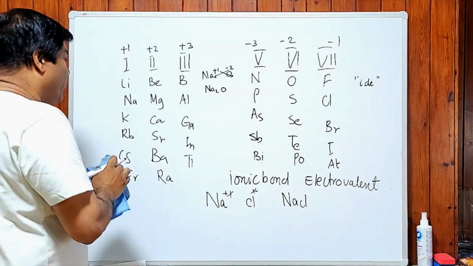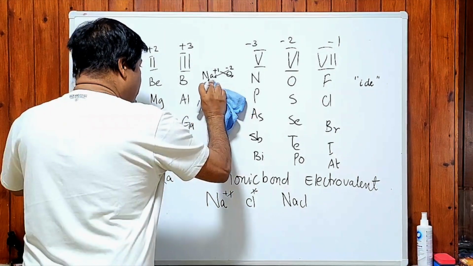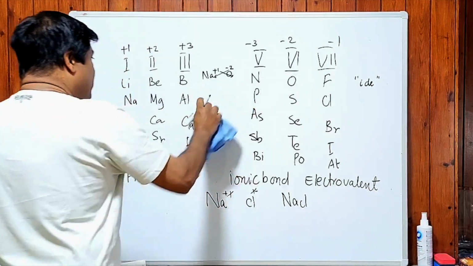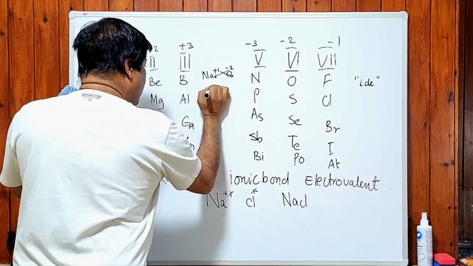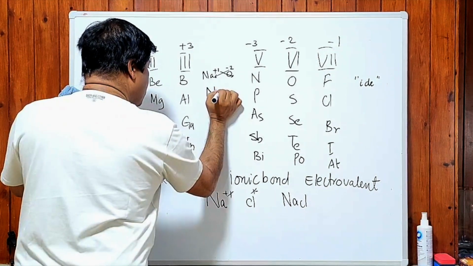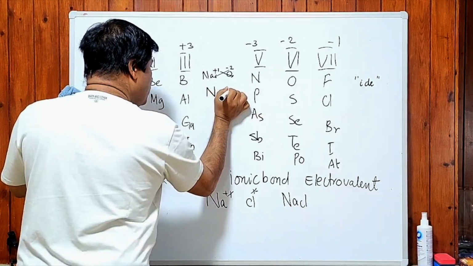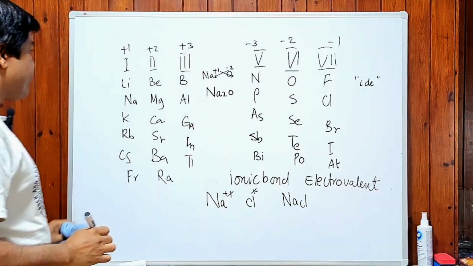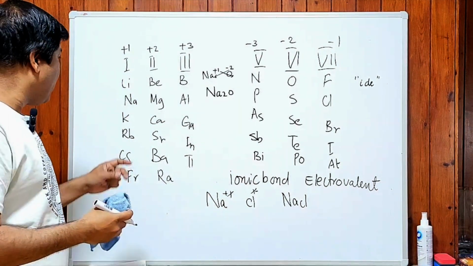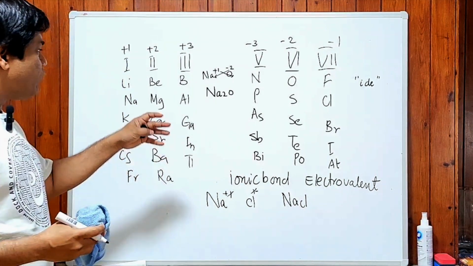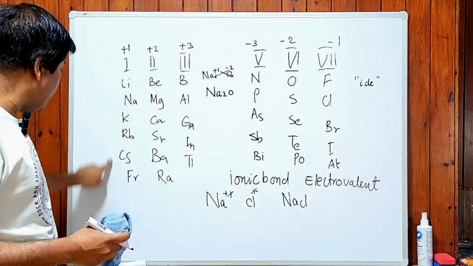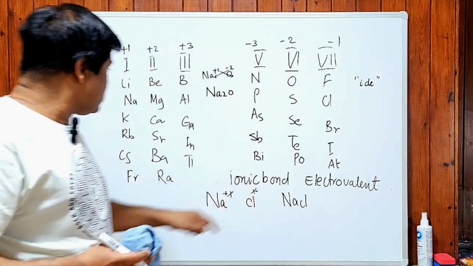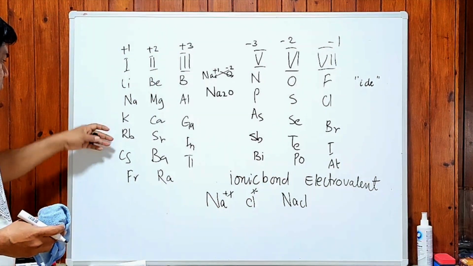When any element makes a bond or forms a compound, it would not have an overall charge. So Na2O, sodium oxide. So you can write the chemical formula of an ionic compound from group 1 and group 6.